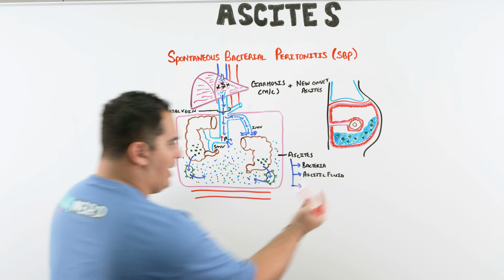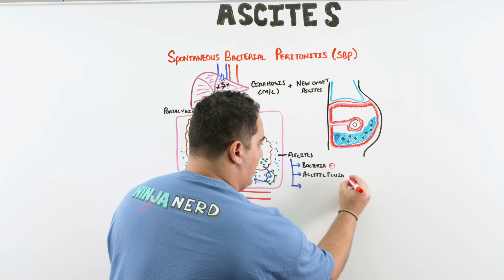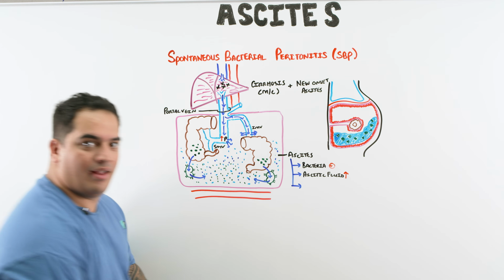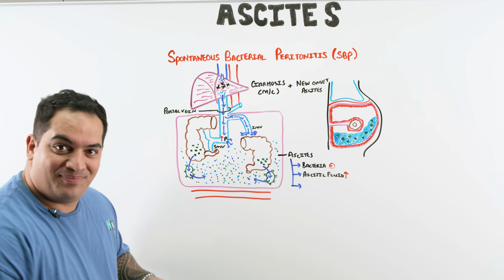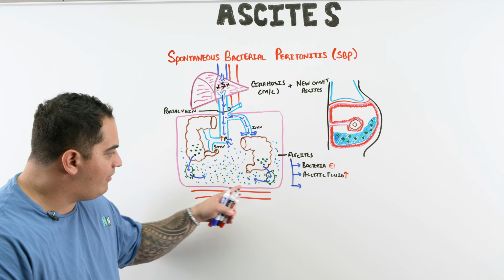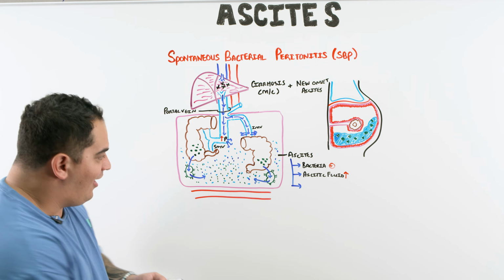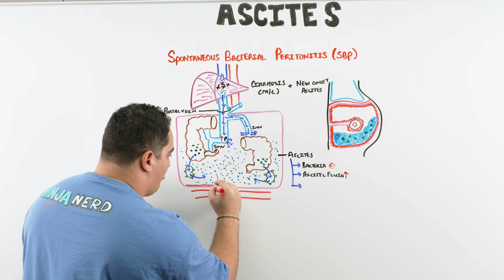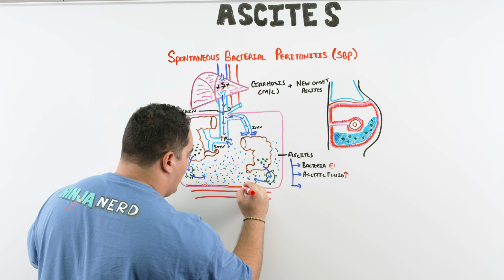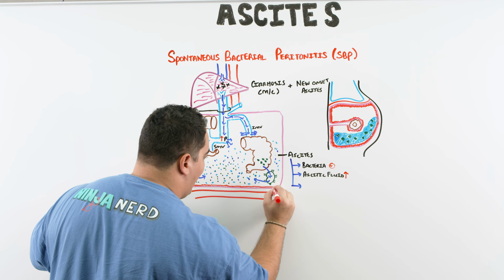So there's going to be bacteria. There's going to be increased ascitic fluid. What's the other big thing? Watch this. When bacteria are present here, they're going to start causing a little bit of inflammation of the peritoneum. So this peritoneum is going to start getting a little bit angry by the presence of the bacteria in this peritoneal space.